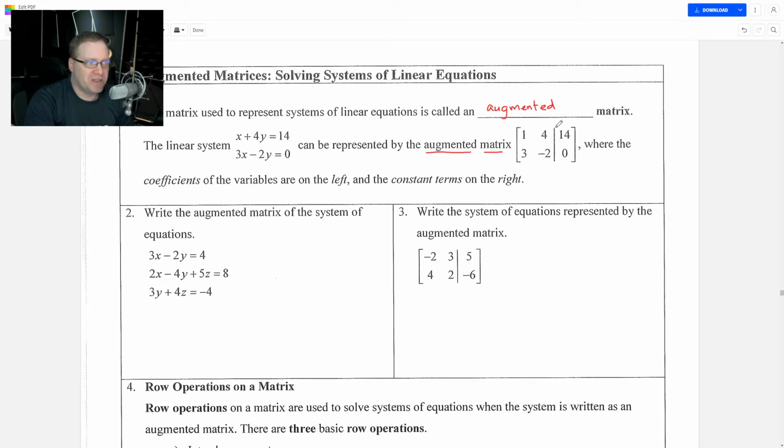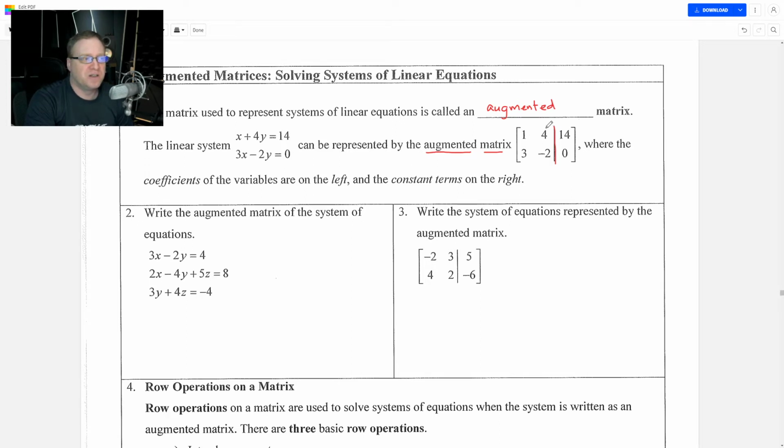This is a little bit different than the matrices we've been using because now we have a line down the middle. This line is just there to help us separate the coefficients of the variables, which are 1, 4, 3, -2, and then our constants on the other side, 14 and 0.